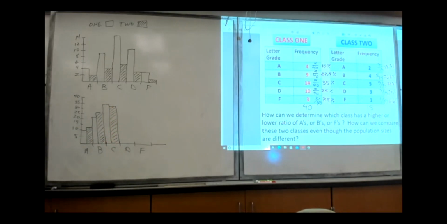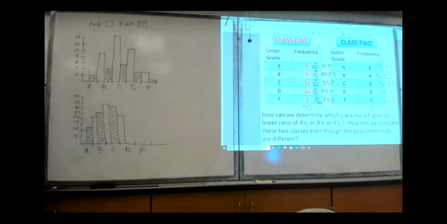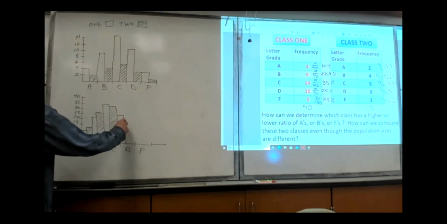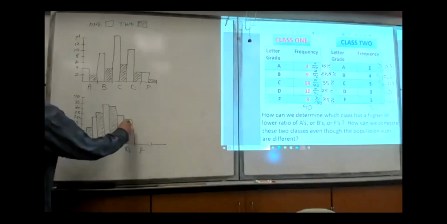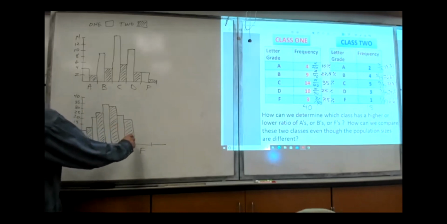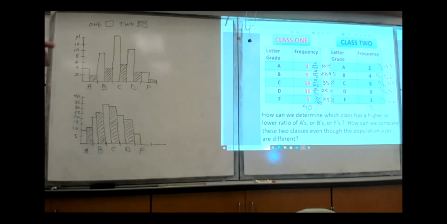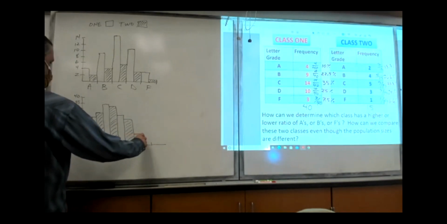And then for class 1, the D's was 25%, whereas for class 2 it was only 20%. And then 7.5% for class 1, the number of F's, and 6.6% for class 2.